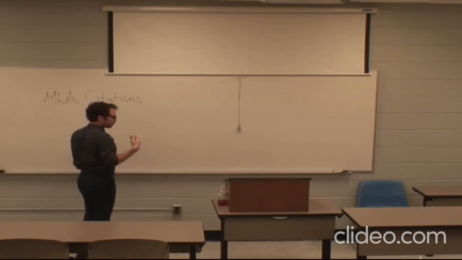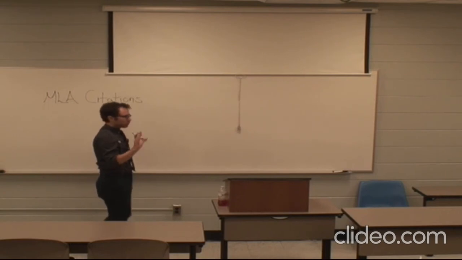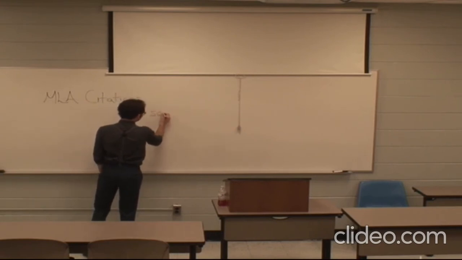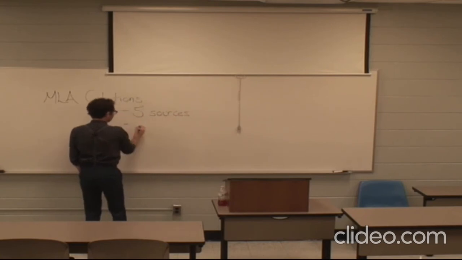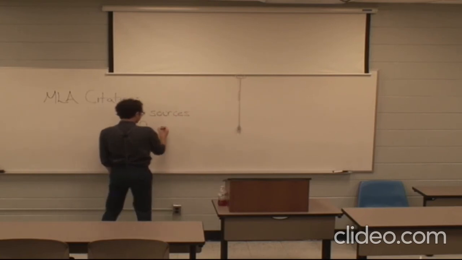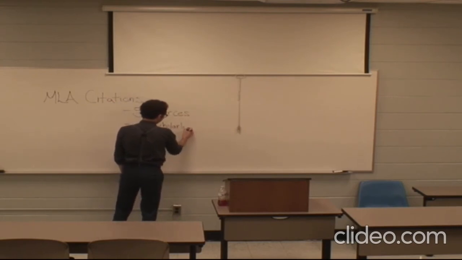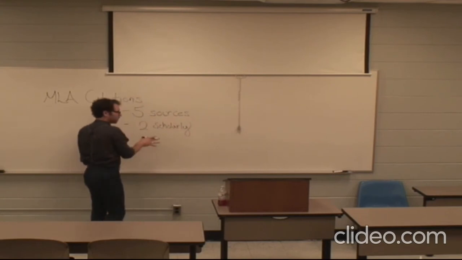And for assignments like the annotated bibliography in English 111, you'll remember you're required to have a few things. You have to have at least 5 sources. And you have to have at least 2 of those sources be scholarly sources from academic journals, essentially.